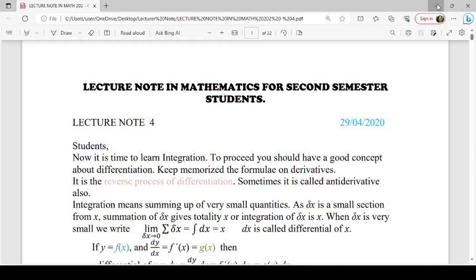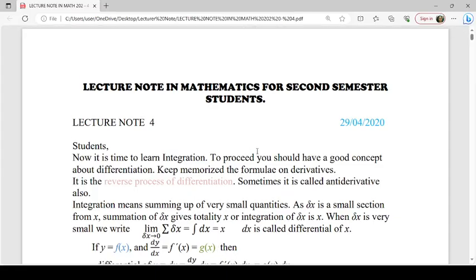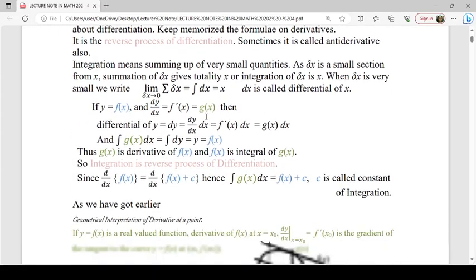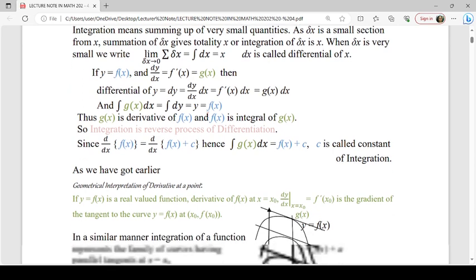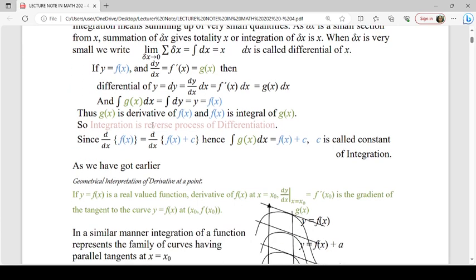Now we'll learn about integration. Integration, as you know, is the reverse process of differentiation. If d/dx of f(x) is the derivative of f(x), then this is the differentiation of f(x) plus c.